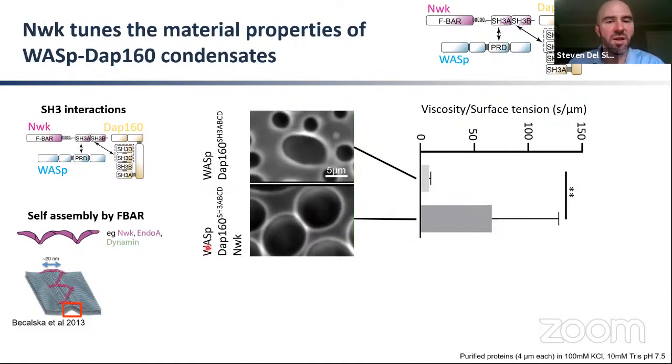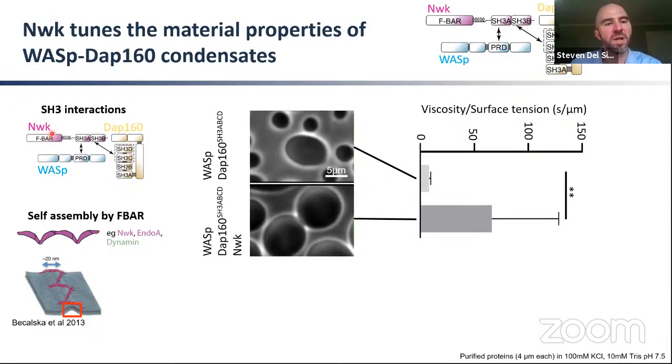In thinking about what about Nervous Wreck might be contributing to this effect, we considered that Nervous Wreck has both these protein-protein interactions via its SH3 domains that I presented that control its activity, but it can also self-assemble and oligomerize via its BAR domain.